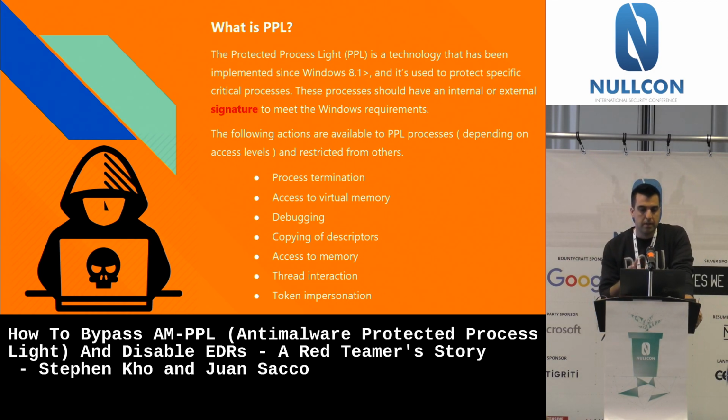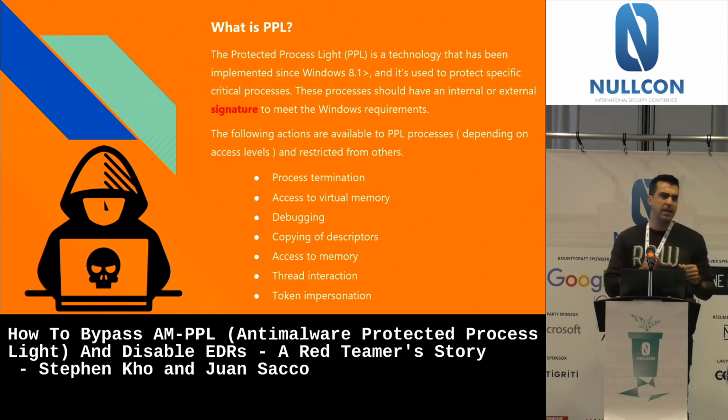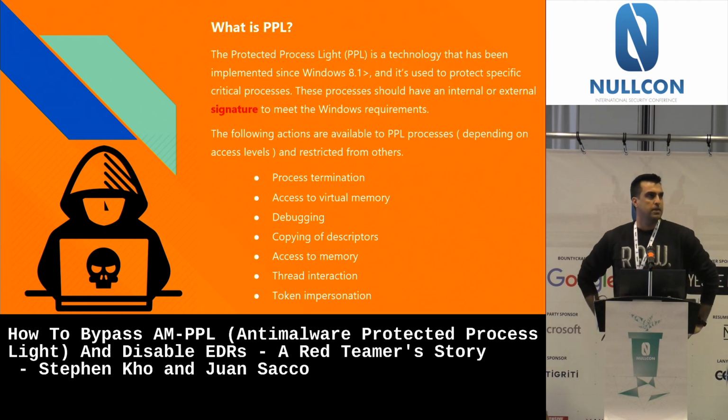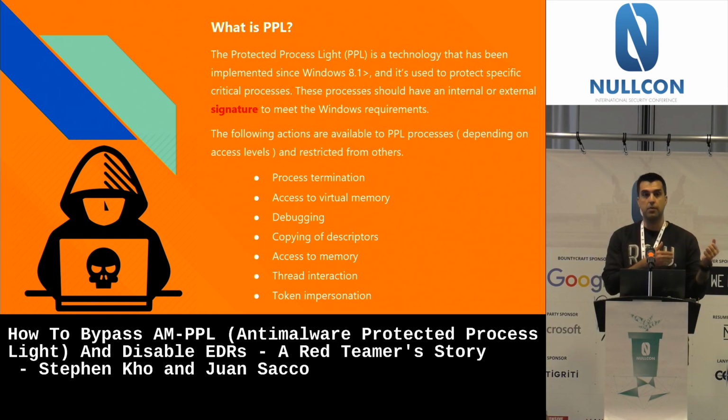So, the Protected Process Light, PPL. I don't know if you guys have already heard about PPL, Protected Processes, but it's a technology that has been implemented since Windows 8.1. I'm talking specifically about PPL because the history of PP processes, or protected processes, goes way back to Windows Vista, where it started being used for DRM protection.